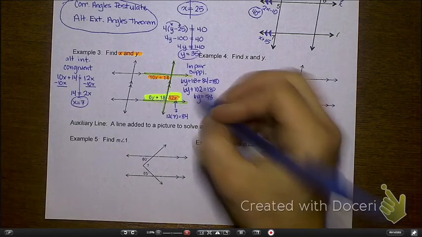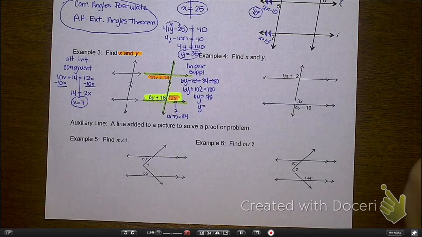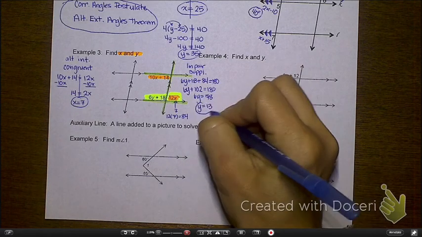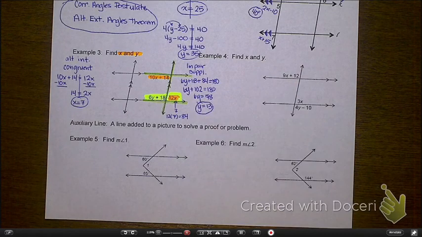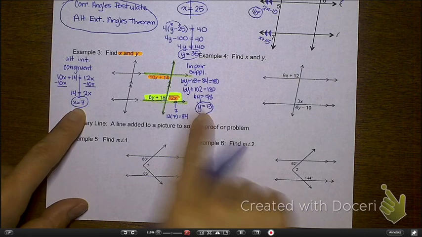Okay, and divide. All right, what did you guys end up getting? 13. Okay, so now we went ahead and we found x and y, right? Two answers, because that's what it wanted me to do.